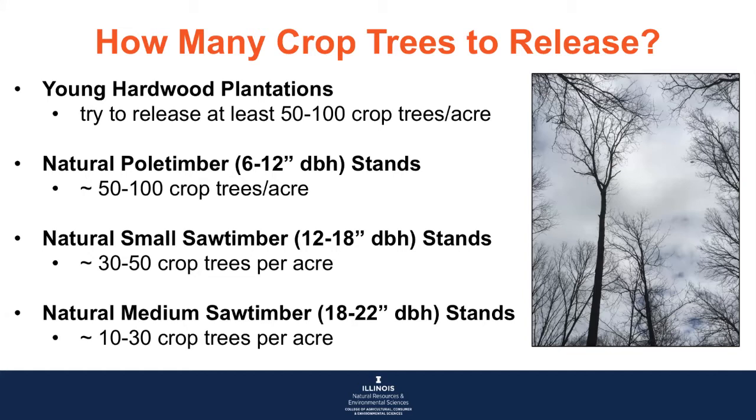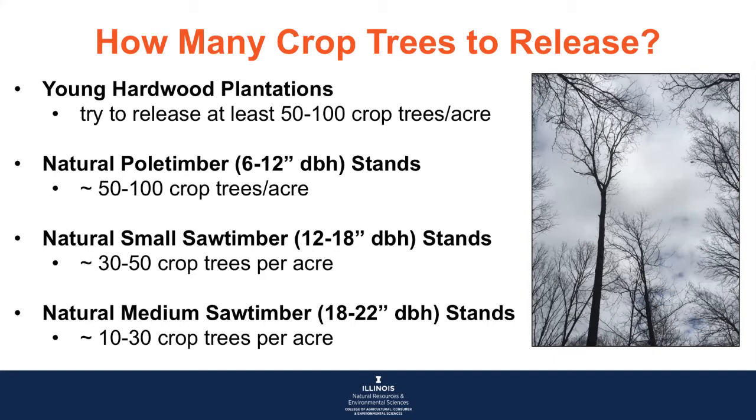Here in the Midwest, we do a lot of 10 by 10 spacing, 10 feet between rows, 10 feet within rows. So you wind up with 436 trees per acre. Obviously, not all 436 trees are going to make it within the first 5 or 10 years, but you should try to shoot for 50 to 100 crop trees per acre, or release 50 to 100 identified crop trees per acre in your young hardwood plantations.